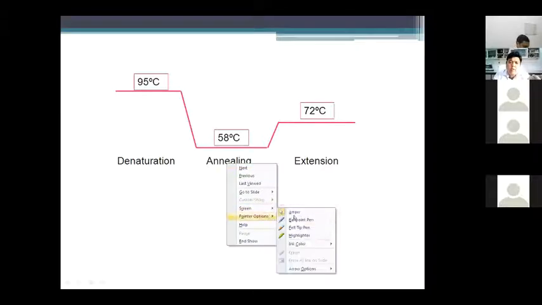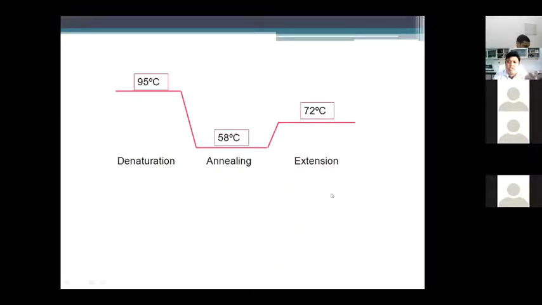And number three, extension. Denaturation is always around 95 degrees Celsius, depending on the polymerase, that is, from which species of bacteria we got the DNA polymerase. So the temperature depends on the DNA polymerase obtained from the species of bacteria.